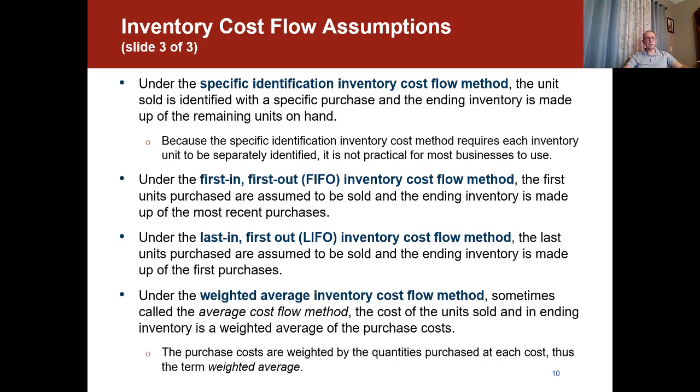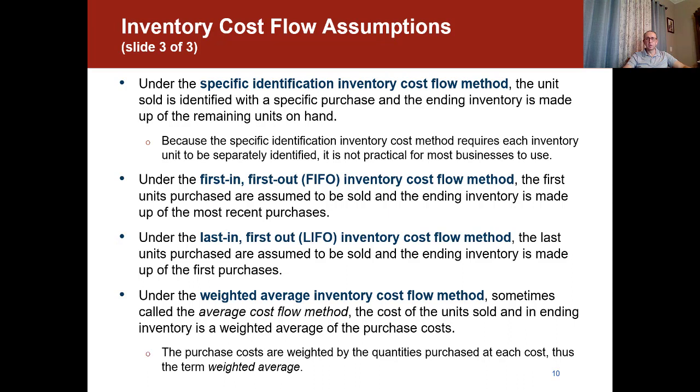So under the specific identification inventory cost flow method, the unit sold is identified with a specific purchase, and the ending inventory is made up of the remaining units on hand. Because the specific identification method requires each inventory unit to be separately identified, it's not practical for most businesses to use. So the other 3 methods that we just mentioned are FIFO, LIFO, and weighted average.